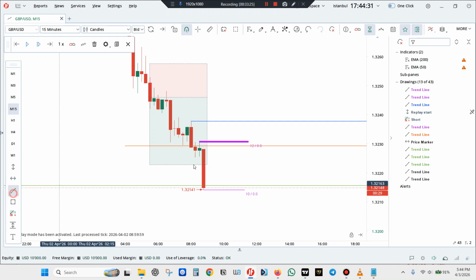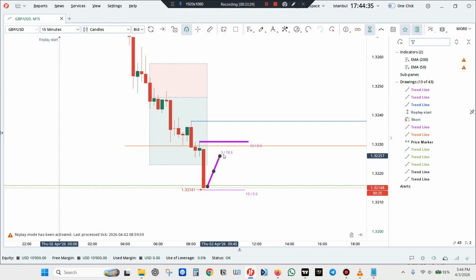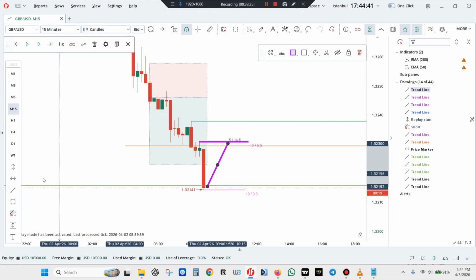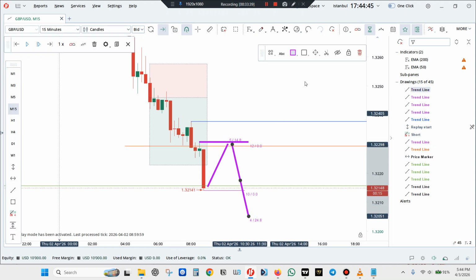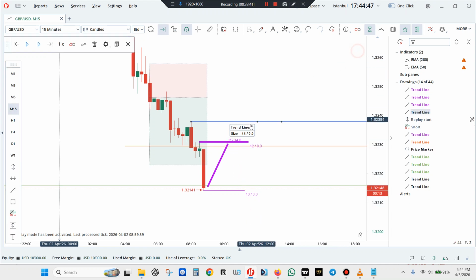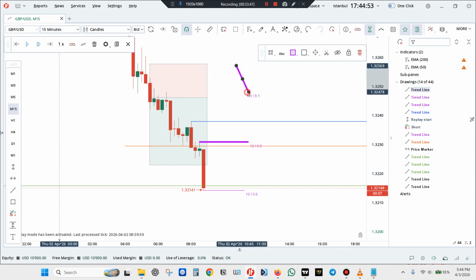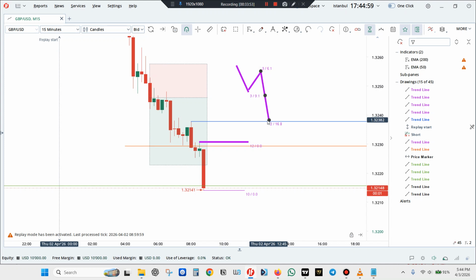So we are saying if price is to continue lower, where shall it go lower from? We are saying it comes at least to our price reference point, and then from that point we're expecting price to drop. You remember how price is delivering. It gives us a series of lower lows and lower highs. So if it is a downtrend, we are having this lower low, then lower high, then lower low.